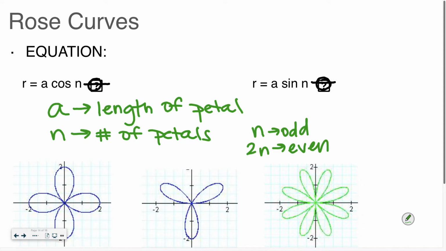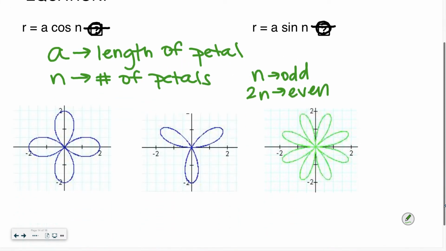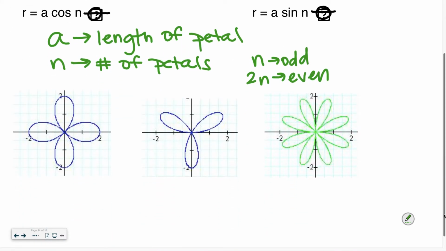How do you know? Because the petal on the positive x-axis tells you it's cosine. For sine, your first petal is going to be in the first quadrant. Correct.